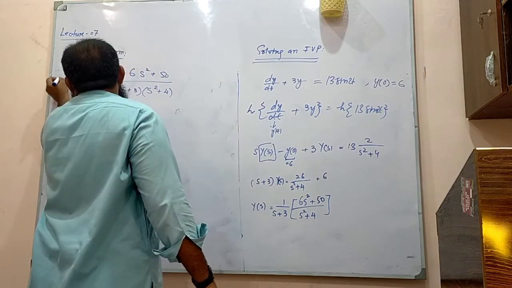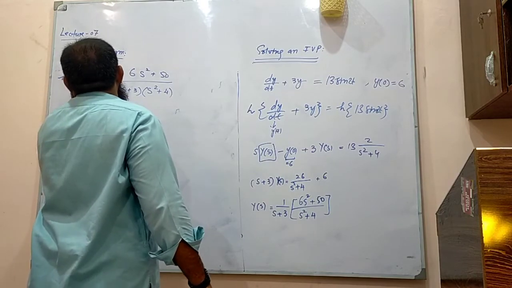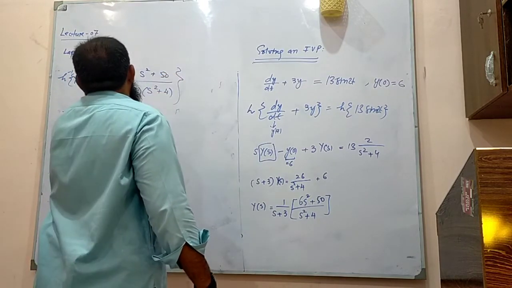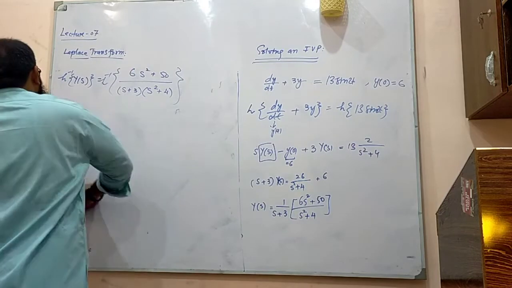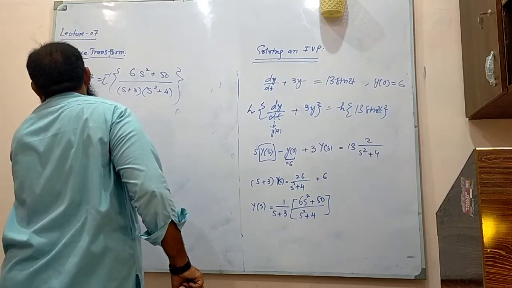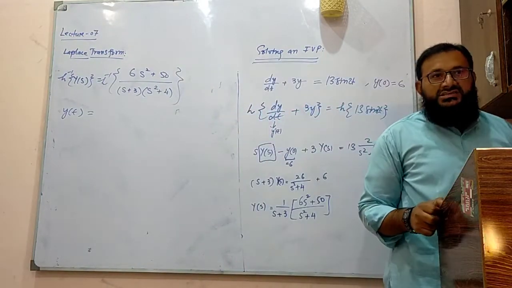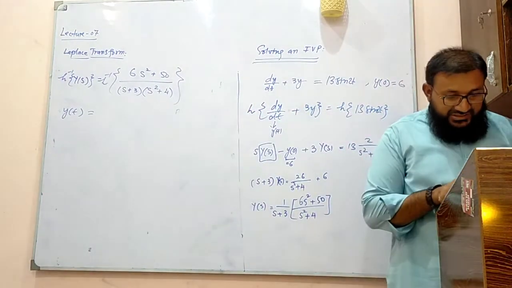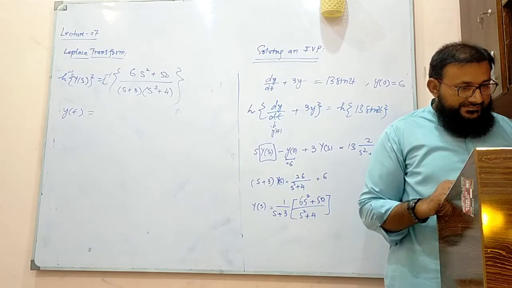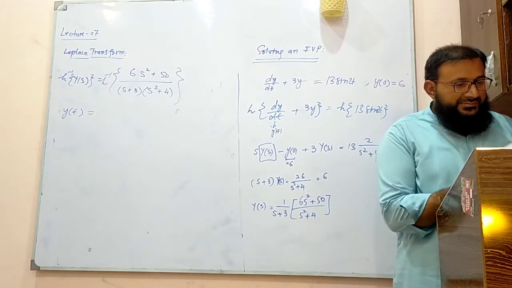Now the inverse Laplace transform on both sides will give me y of t here, and here I have to find the inverse Laplace transform by reducing it into partial fractions and applying inverse Laplace transform, and then I am done. So let me write this.